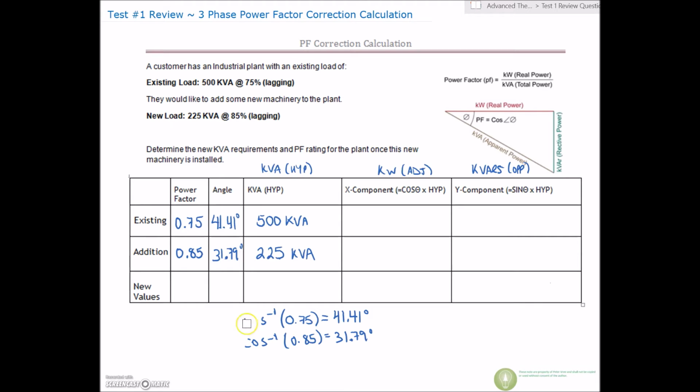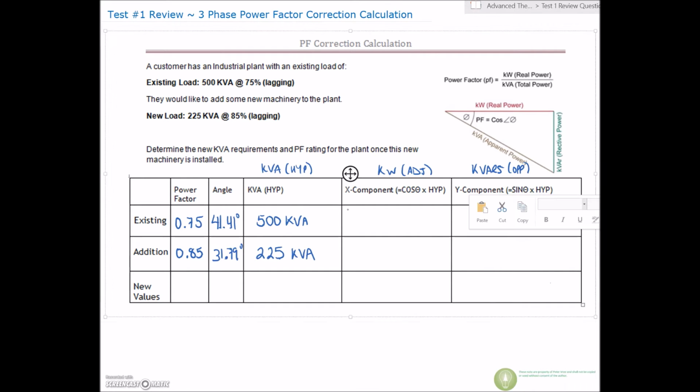Beautiful. So now we're going to tackle this the exact same way as we have been the other calculations, in that we have two vectors here that we have to add, and they're not happening at the same time. So now we've got to find the x and the y components for the first vector and the x and the y components for the second vector. We're going to do that by doing the cos of the angle.